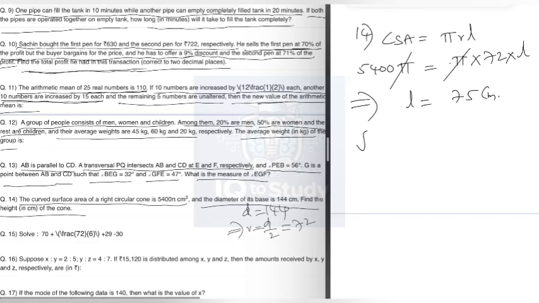And L is equal to square root of r square plus h square.